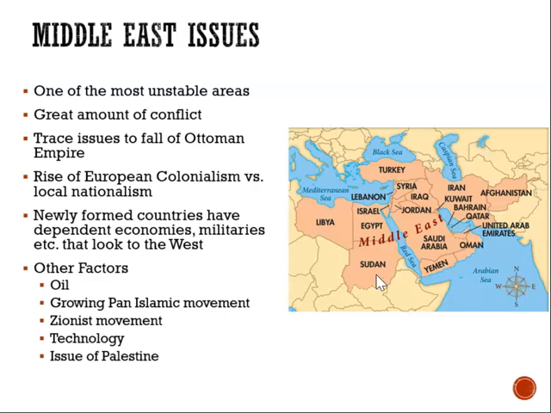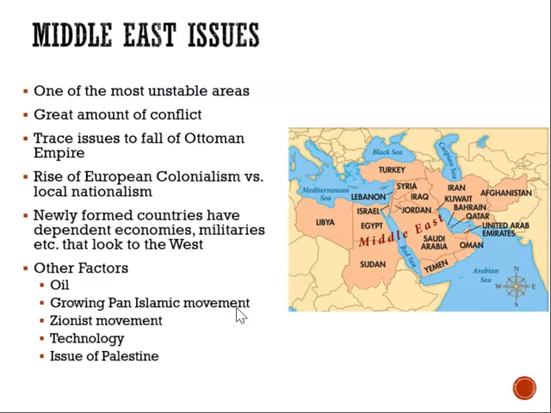There is, of course, a growing pan-Islamic movement. By that I mean those who want to unite all Muslims together, perhaps in one large nation, but certainly tying them together not only religiously but politically, and that's going to come into play in these new countries.